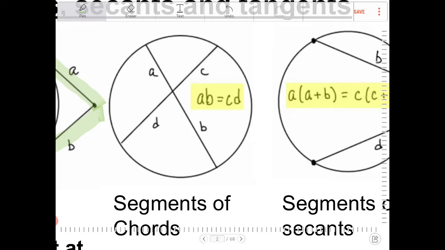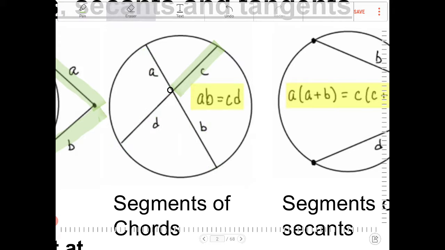Next, what is the chord relationship if two chords intersect with one another? If I have one portion of one chord multiplied by the second portion of the same chord, the proportion holds true: one portion of the other chord multiplied by the second portion of that chord, and the products will be equal to one another.